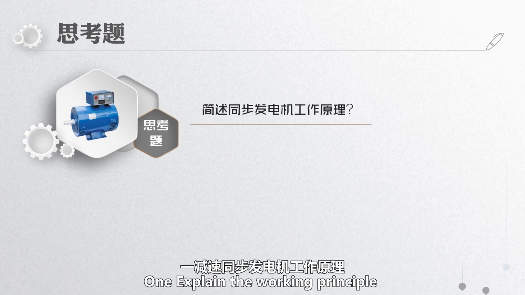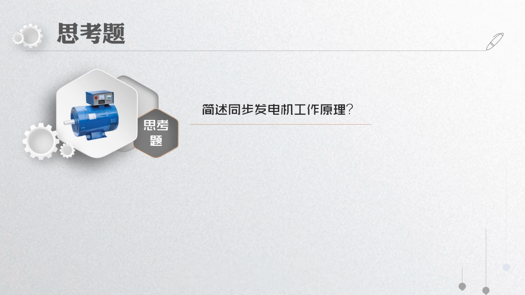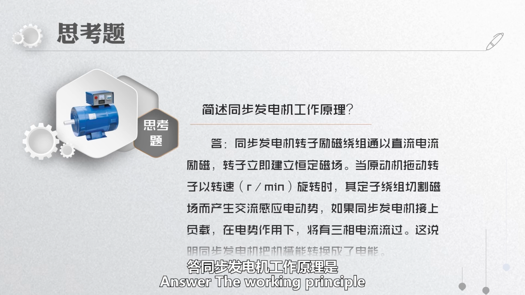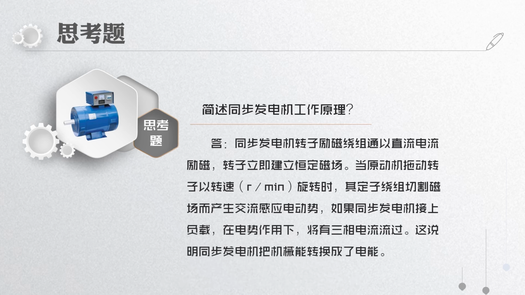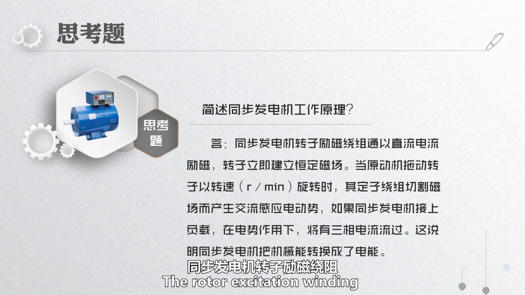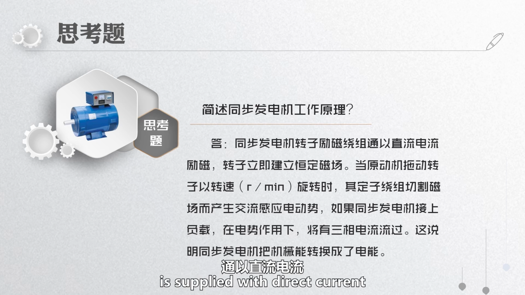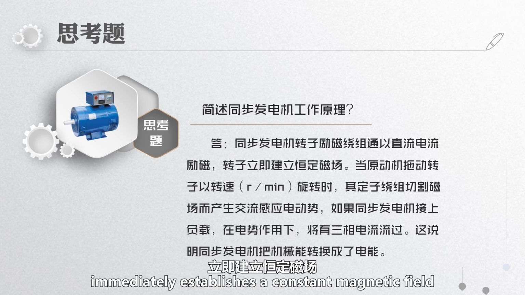Exercise 1. Explain the working principle of a synchronous generator. Answer. The working principle of a synchronous generator is: the rotor excitation winding of the synchronous generator is supplied with direct current, and the excited rotor establishes a constant magnetic field.